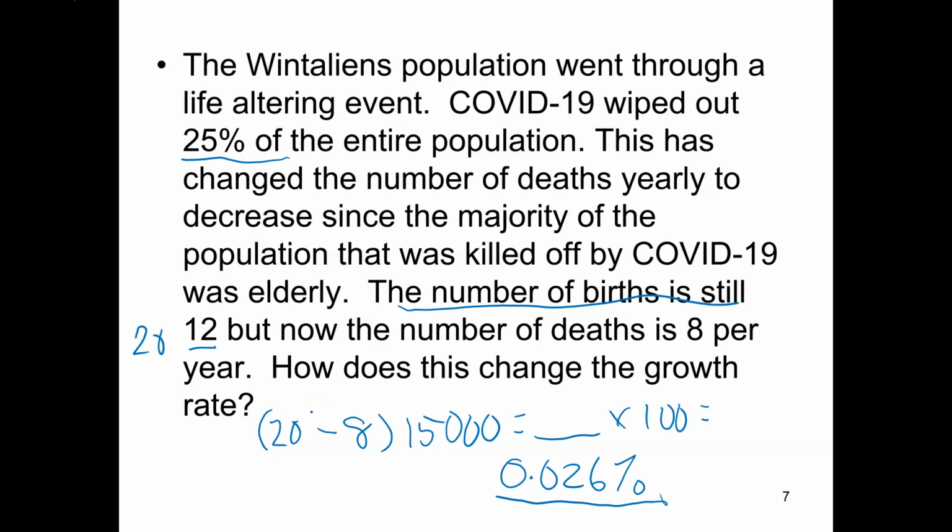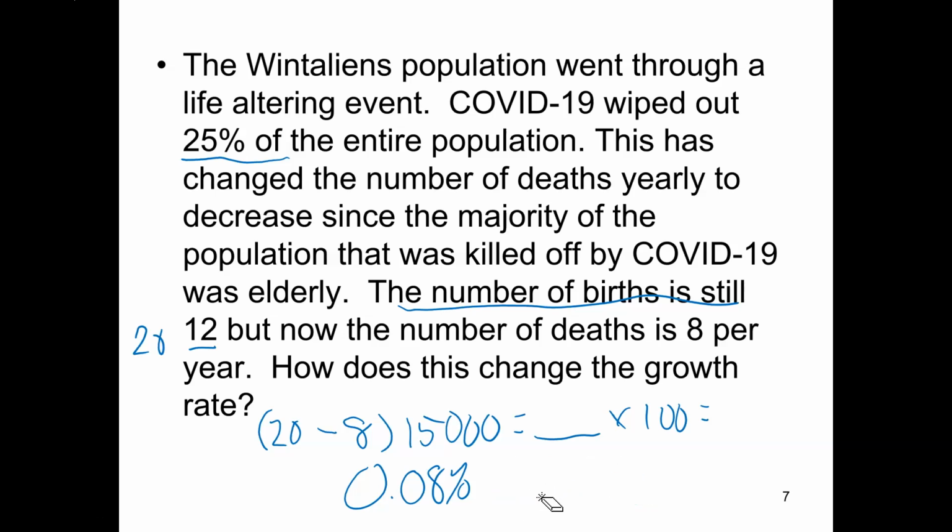Now 20 minus 8 is 12. So we have 12 divided by 15,000 equals 0.0008 times 100, which is a 0.08% increase. That makes more sense.